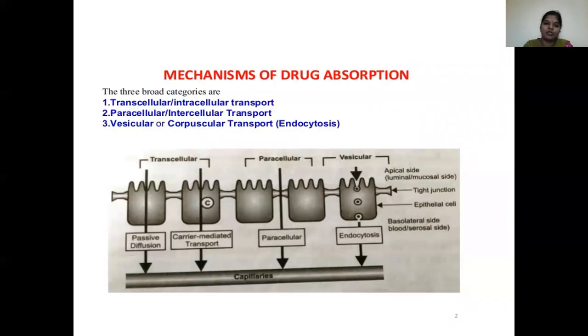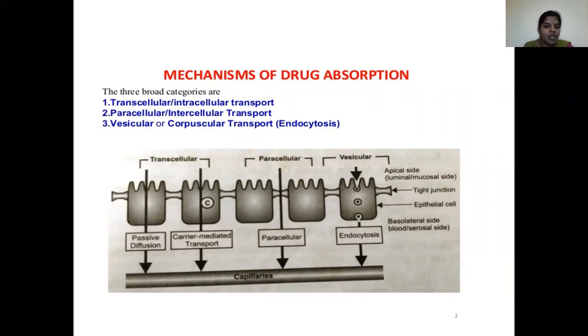Then coming to this, these are very, very important things. From an examination point of view, they will ask you the mechanisms of drug absorption. Till now, you know the structure of the cell membrane, and you know about absorption in the GIT and all. Now I would like to explain the mechanisms of drug absorption. There are 9 to 10 types of mechanisms.